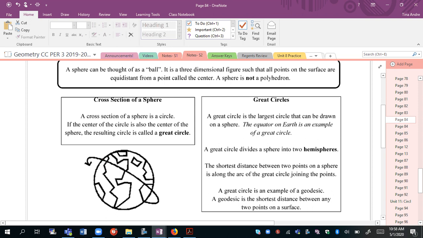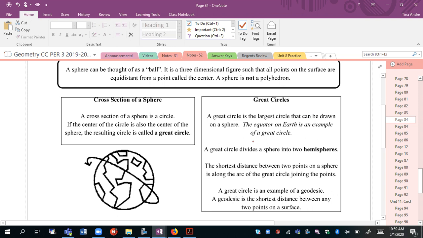Think about slicing right through the center. There are lots of different ways to do that, but as long as the center of your cross section is the center of the sphere, that circle is called the great circle. It's the biggest circle that you can create from the sphere.